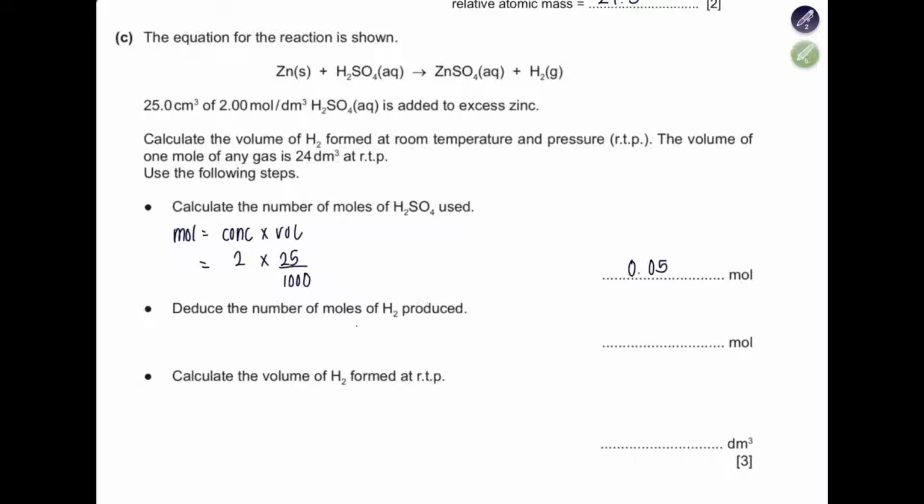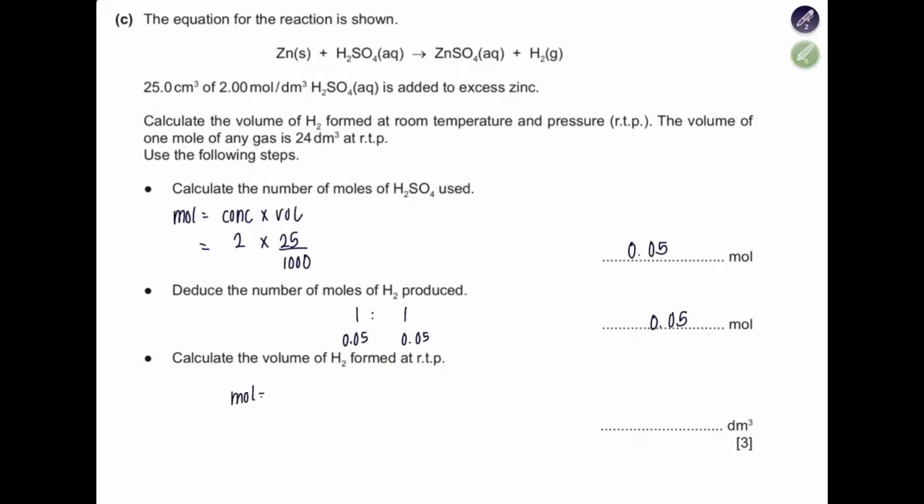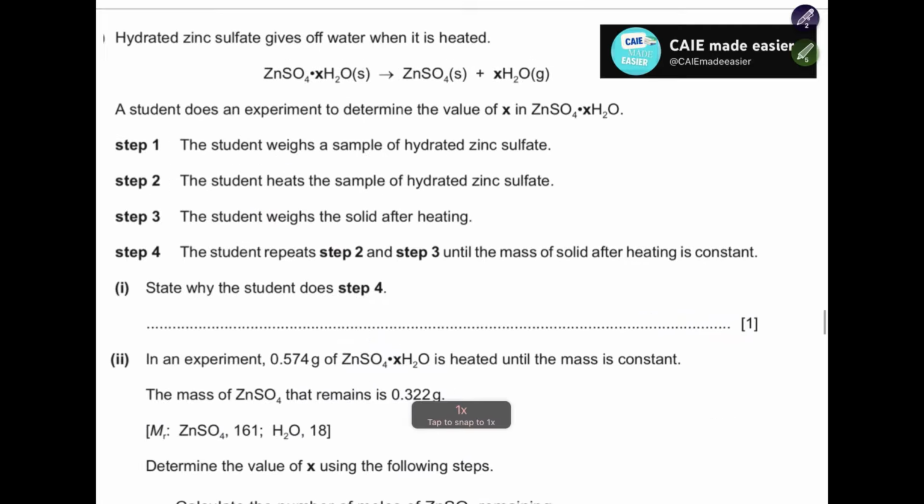The ratio is 1 to 1, so if this is 0.05, that is also going to be 0.05. Calculate the volume of hydrogen formed at RTP. Moles is volume over 24, so volume is going to be moles times 24. Moles are 0.05 multiplied by 24, and we get 1.2 decimeter cube.